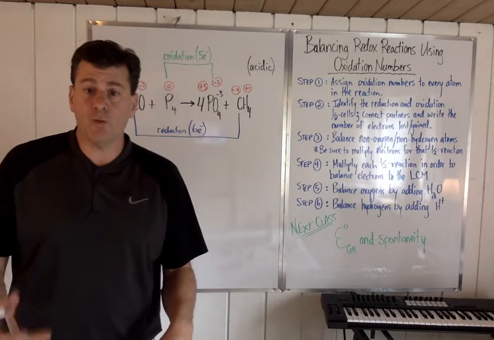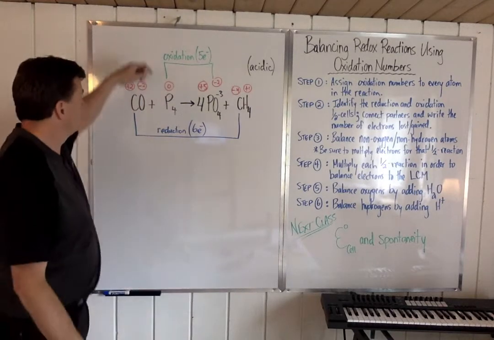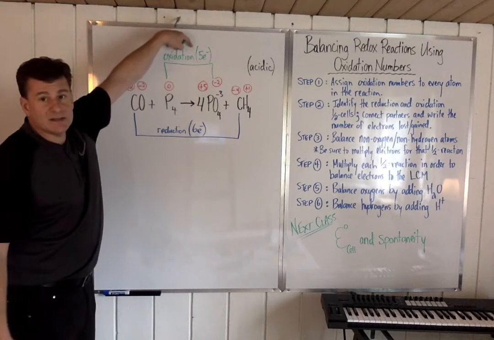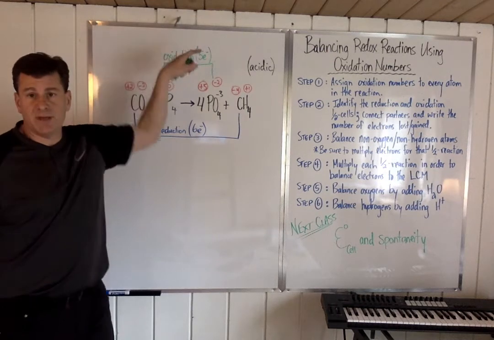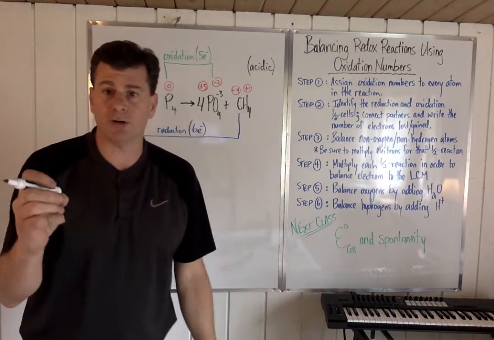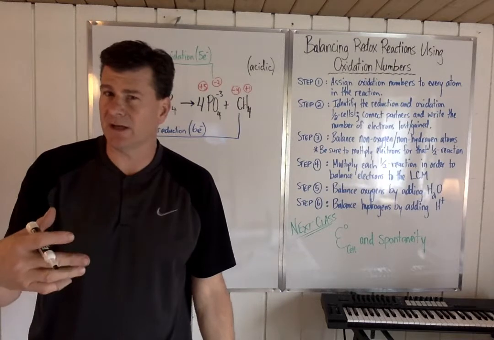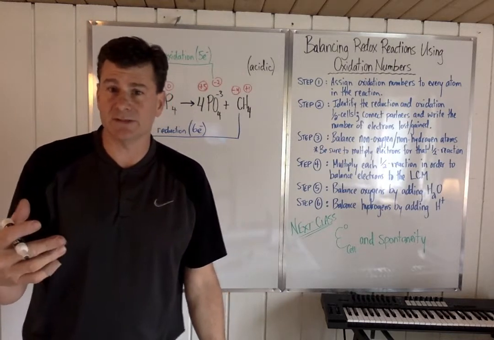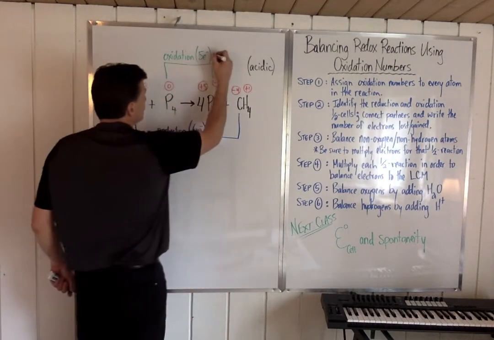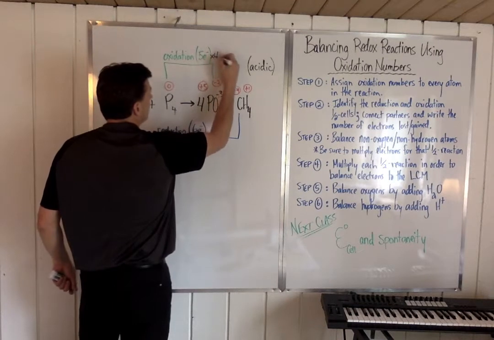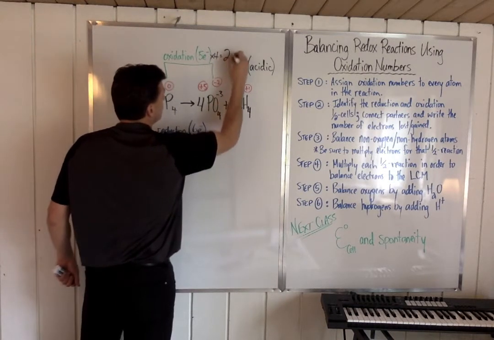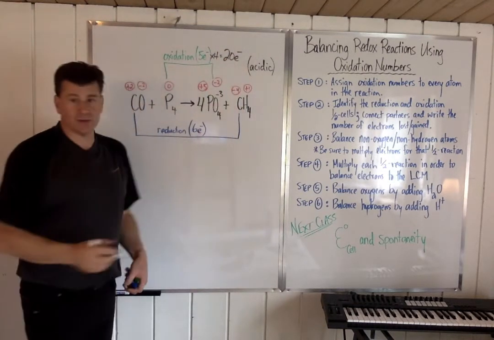Now when you put the 4 in front of the phosphate, that means that the oxidation up here, the 5 electrons, was per phosphorus atom, but that's happening 4 times, because there's 4 atoms. So it's actually times 4 equals 20 electrons.